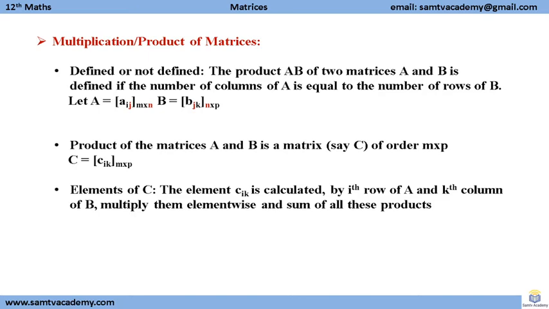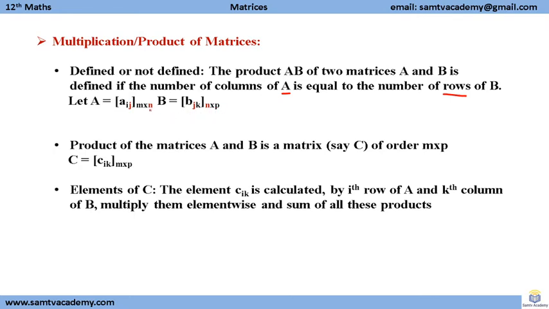For the product of the matrices to be defined, the columns of matrix A should be equal to the rows of matrix B. Like this, we have taken A as a matrix of order m by n, and B as a matrix of order n by p.